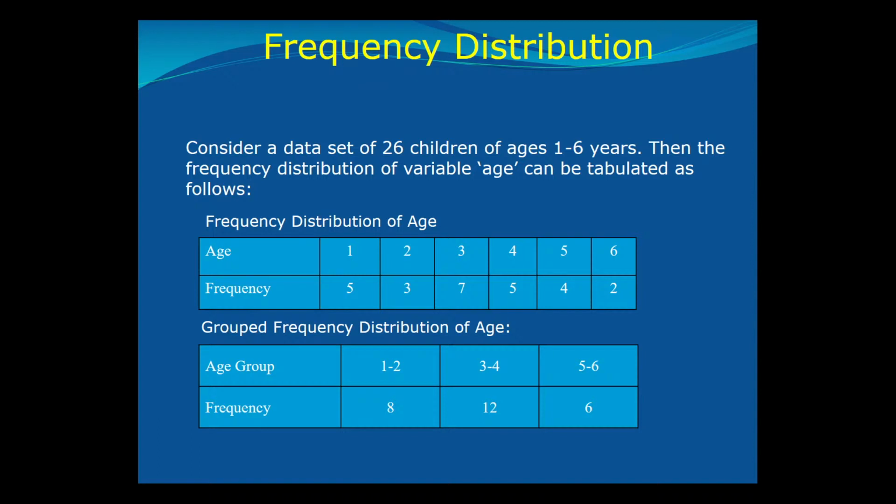We can group according to the age, and the table below shows grouped frequency distribution of age. We have age group in the first line and frequency distribution in the second line.